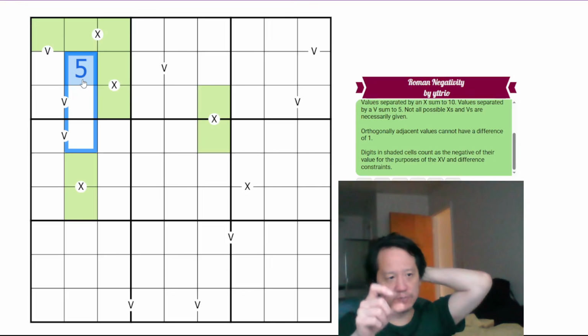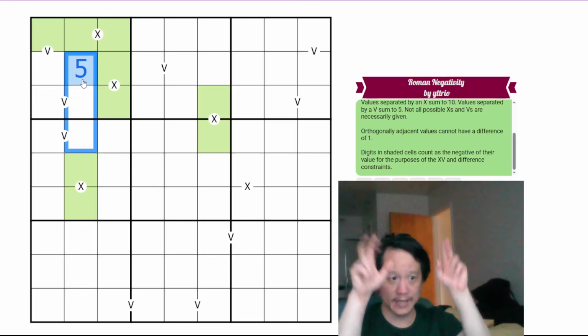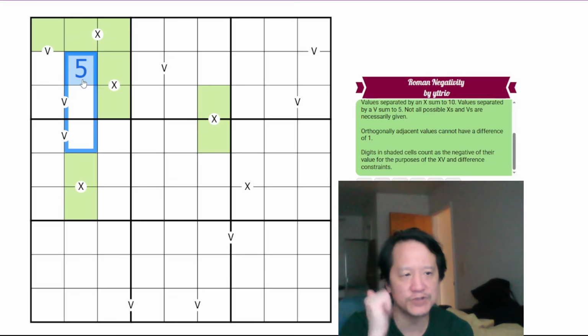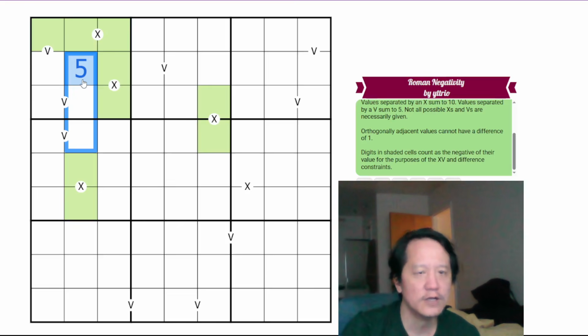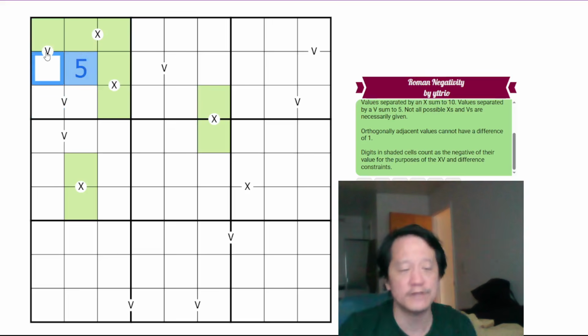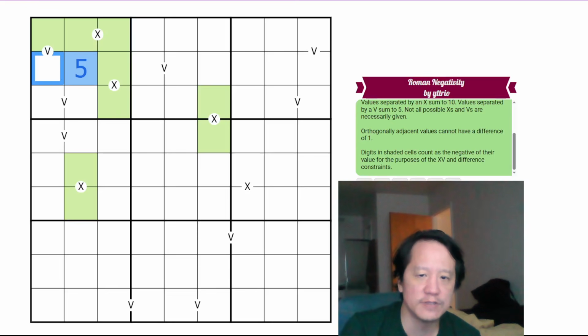So if you have 6 and 1, that means the other remaining digits that will add to 5 are 9 and 4. Well, they obviously can't add to 5, so one of them must be shaded. It's the same thing with 7-2 versus 8-3. So you always have two shaded cells to add to 5, and obviously this must be blue. And then we have a blue-green pair here. This must be the smaller of the digits, so this is 1 through 4.